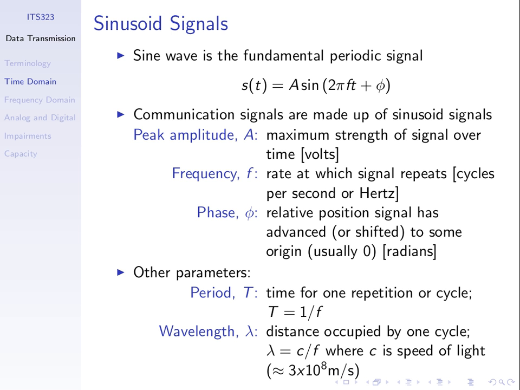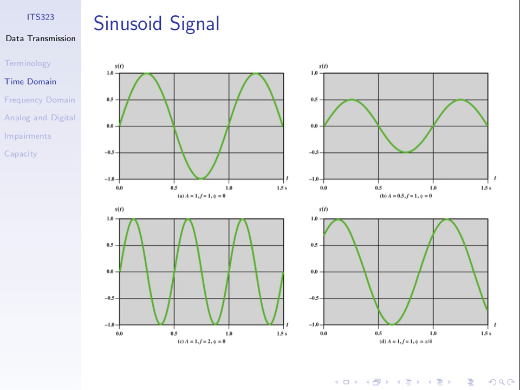Some examples of this basic sinusoid. The first, top left example, in that equation we set those three variables to specific values. So the general equation, the signal as a function of time, is A sine 2 pi f times the time plus the phase.